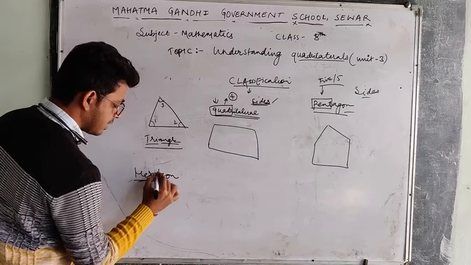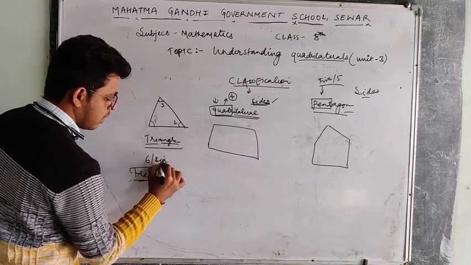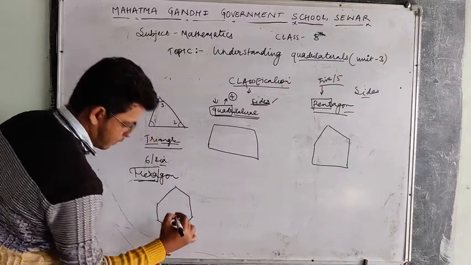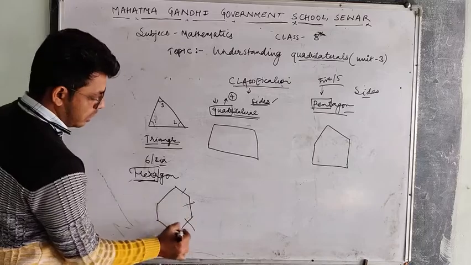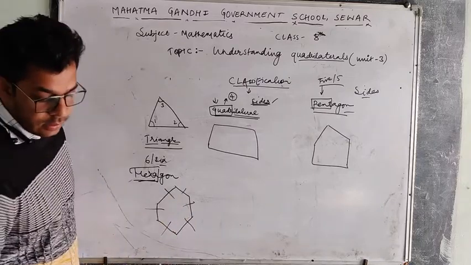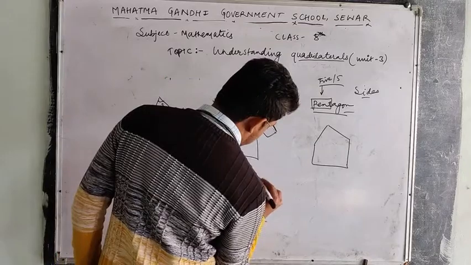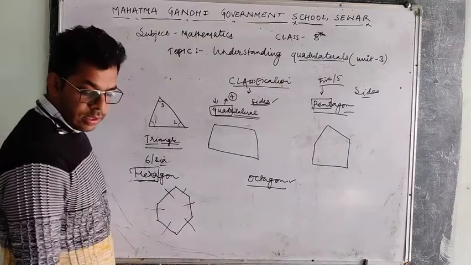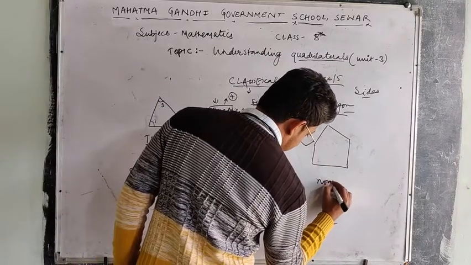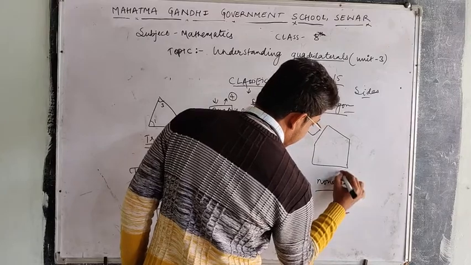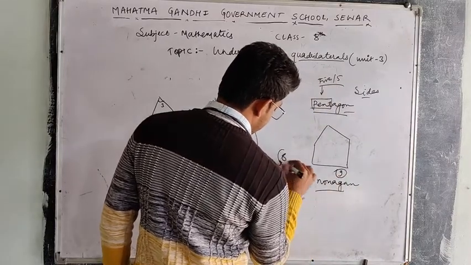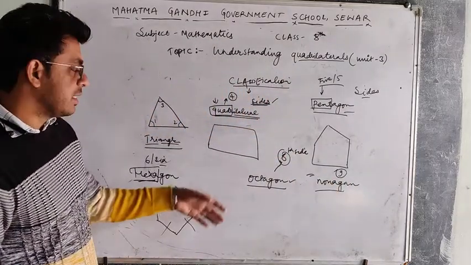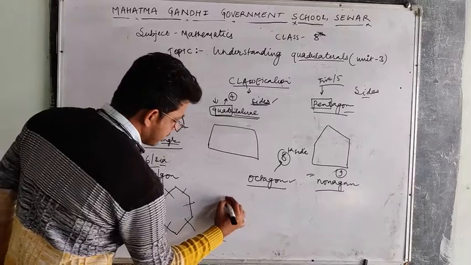Hexa means six, gon means sides: one, two, three, four, five, and six. Next is octagon. Next is nonagon, meaning 8 and 9 sides respectively. Next is decagon. Deca means 10.